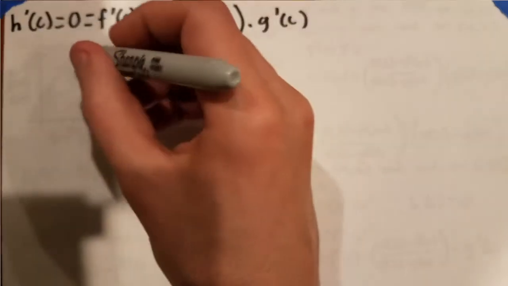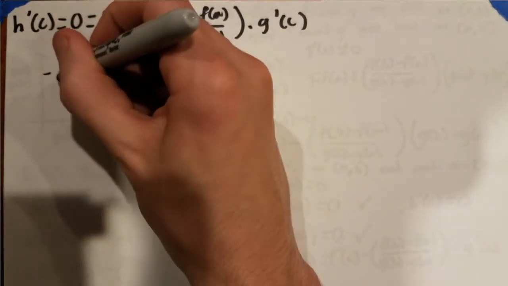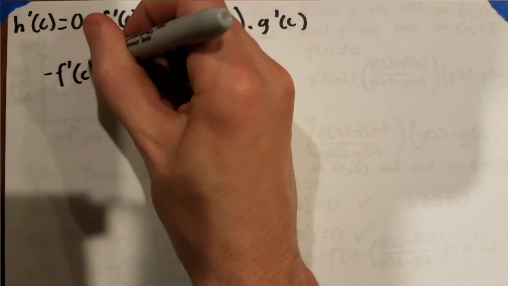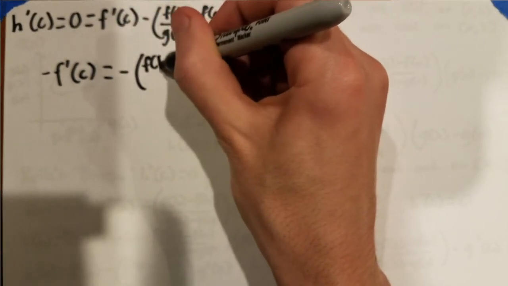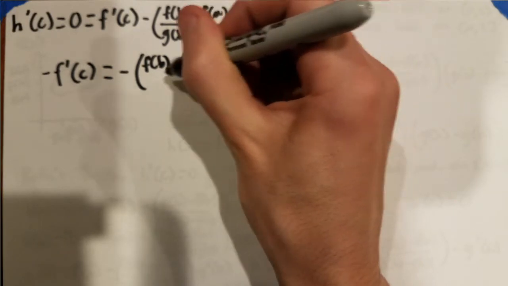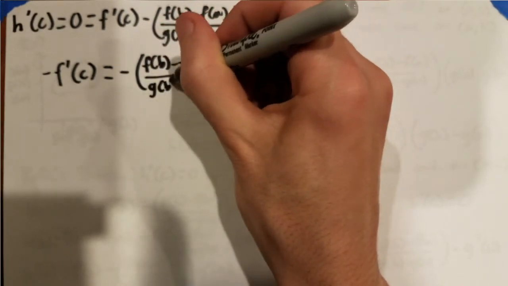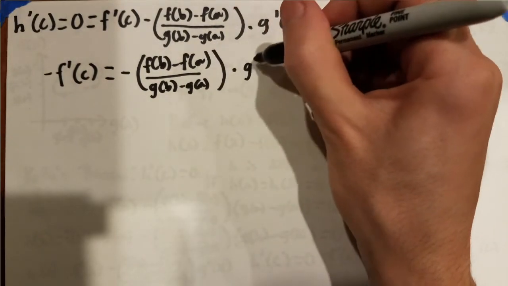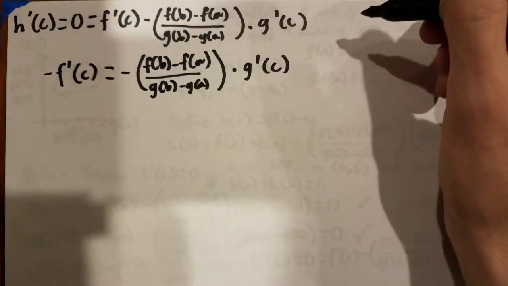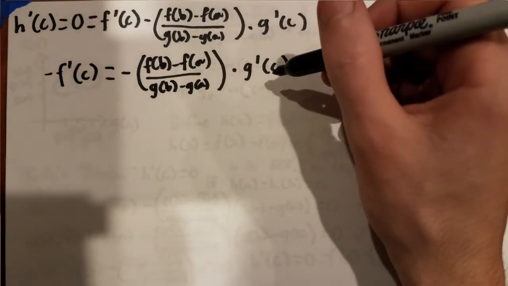So let's subtract f prime of c from both sides. So we get negative f prime of c equals negative f of b minus f of a over g of b minus g of a times g prime of c. Now we just need to divide both sides by negative g prime of c.